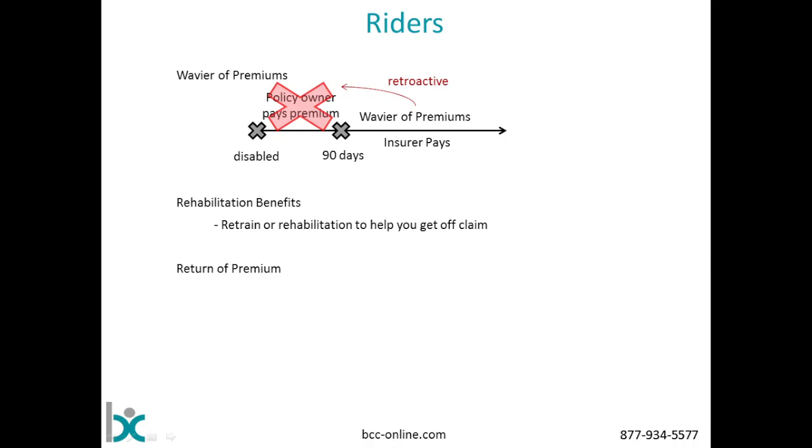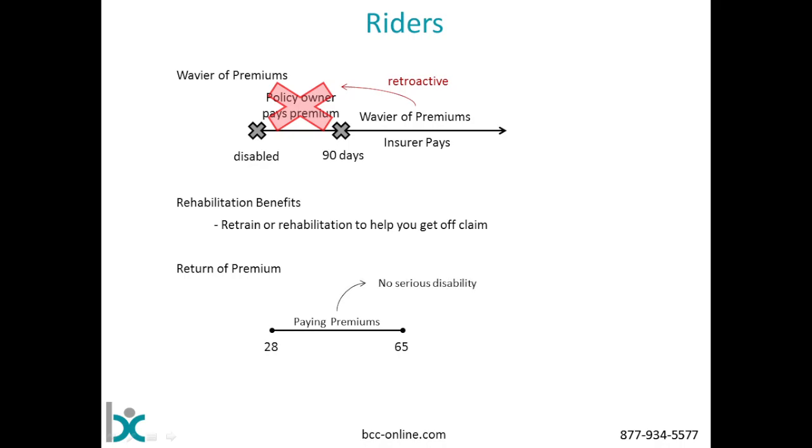So here's what happens with return of premium. We have our policy owner, let's say age 28, this person acquires their disability policy. And let's say they go from 28 to 65 paying premiums that whole time. And they never have a serious disability.